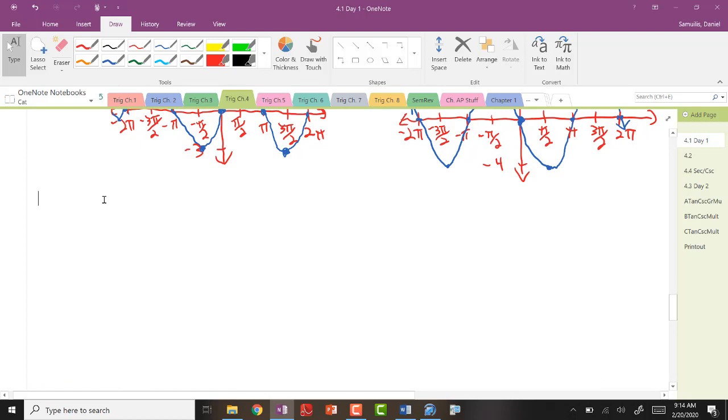All right, here's what these directions say. Graph a 2-period interval.